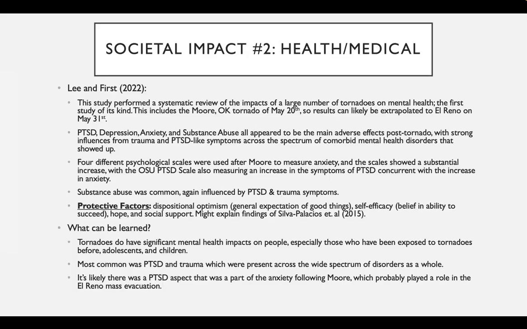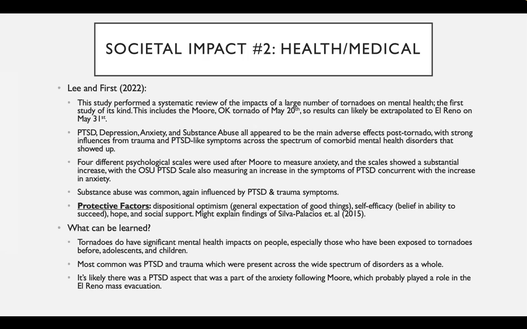The first one is that PTSD and trauma seem to be related to almost all tornado events, regardless of what the other mental health problems are. PTSD and trauma always seem to be co-occurring.